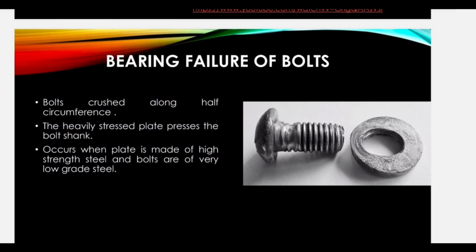The bolts are crushed along half of the circumference when heavily stressed and the plate presses on the bolt shank. This occurs when the plate is made of high strength steel and the bolts are of very low grade steel.